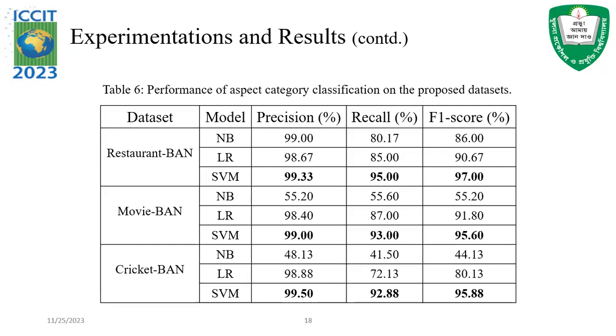Table 6 shows performance of aspect category classification on the proposed datasets. Here 97%, 95.60%, and 95.88% are the highest F1 scores for the Restaurant Bangla, Movie Bangla, and Cricket Bangla datasets respectively, which were achieved by SVM.